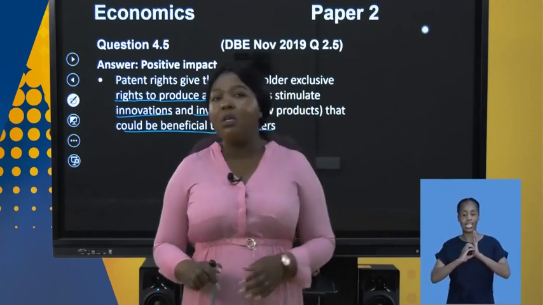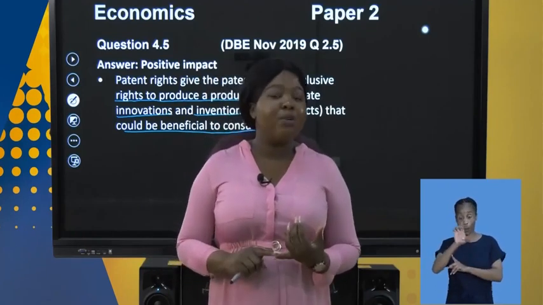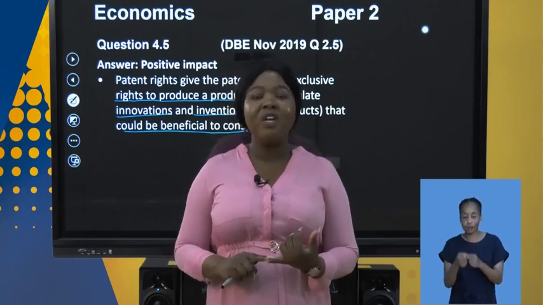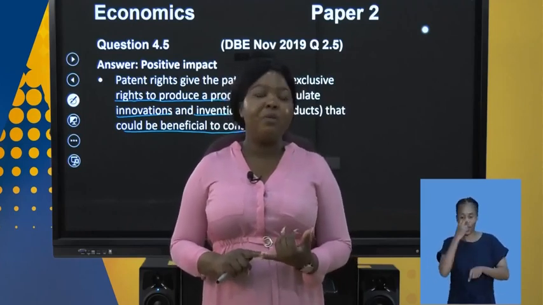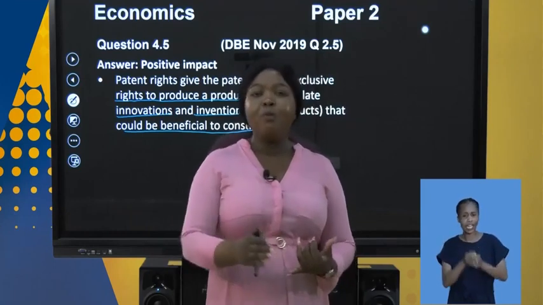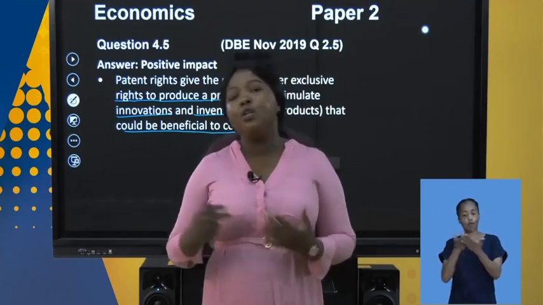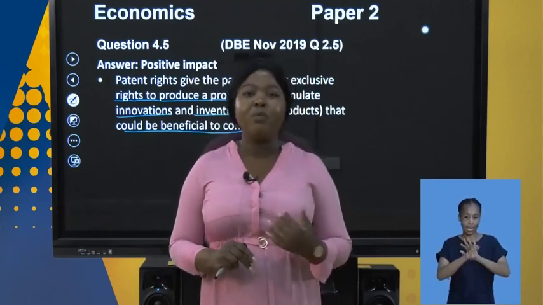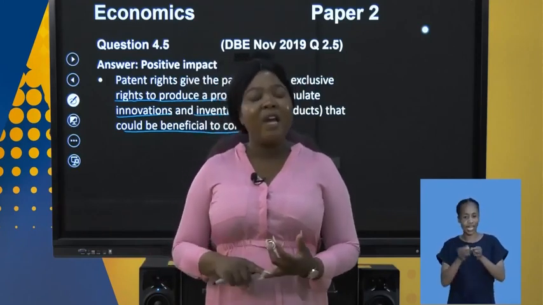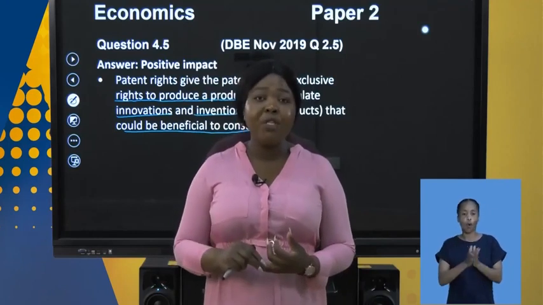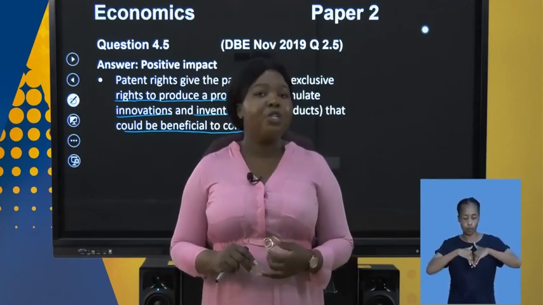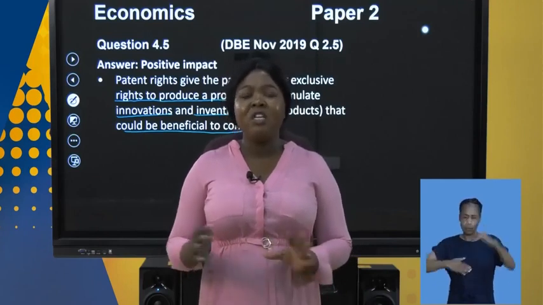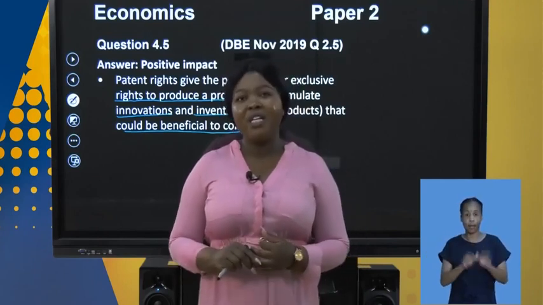For example, remember the equilibrium position of a perfect market is a typical graph that you can expect in the final exam. So you need to be able to explain your normal profit, your economic profit, your normal loss in the case of a perfect market. You also need to be able to explain the supply curve and the shutdown point of a perfect market. You also need to be able to explain the profit maximization in the case of a perfect market.